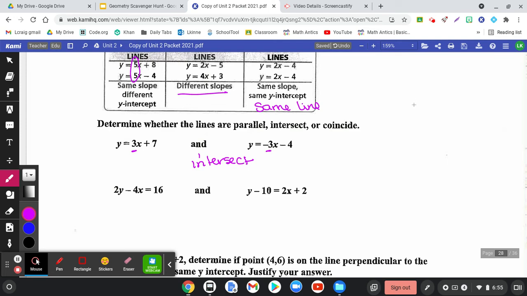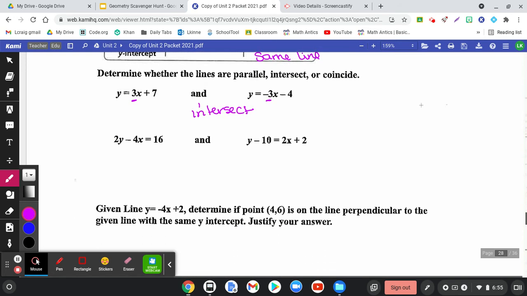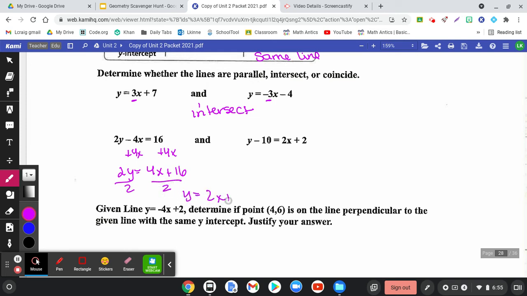Oh no, this was on page 22. So, well, it's a little different than what was on 22. Okay, so with this, we're going to add 4x. So it's 2y equals 4x plus 16. Divide by 2. Y equals 2x plus 8.